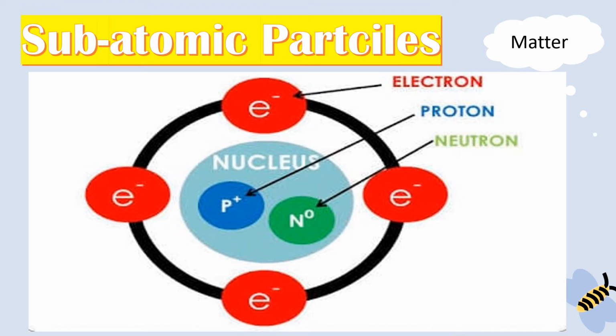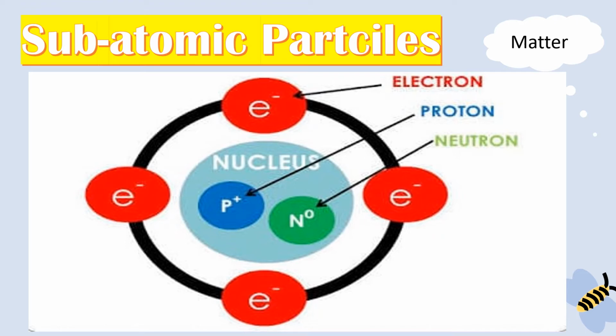So what is the atomic nucleus? The atomic nucleus is the positively charged center of an atom. This consists of two subatomic particles that are bonded together by a very strong nuclear force.